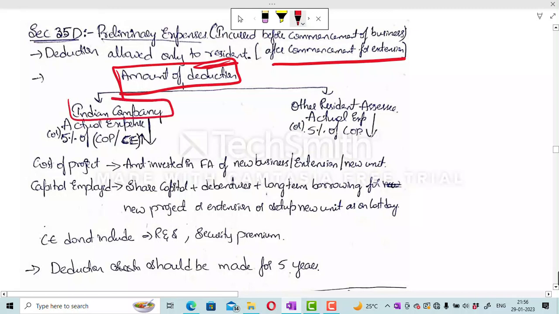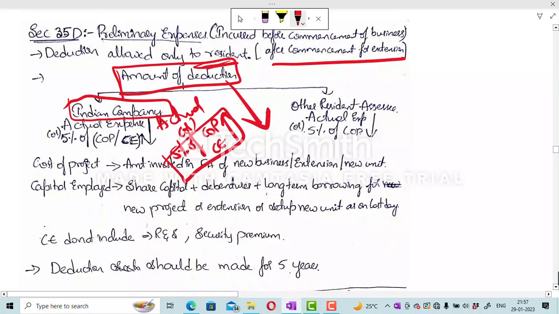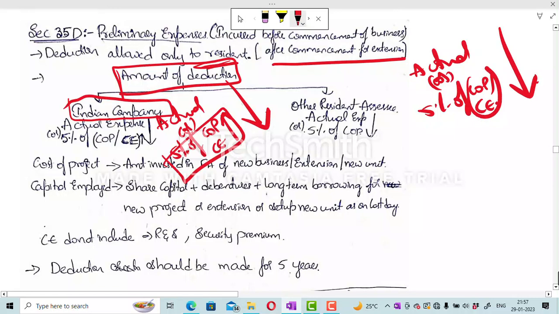If it is an Indian company, it is the actual expense incurred or 5% of COP, cost of project, or capital employed, whichever is lower. From the cost of project and capital employed, we take whichever is higher, calculate 5% on that, and compare it with the actual amount. We have to practice and remember this so as not to get confused.